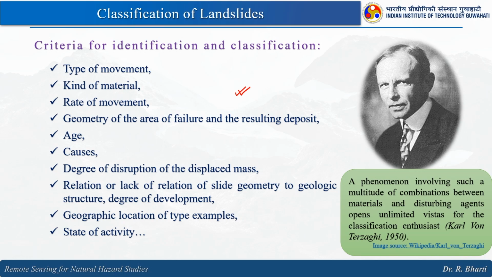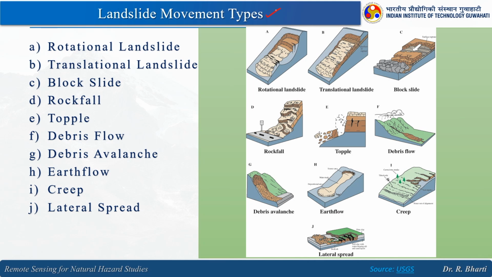So we have also seen different types of mass movement. Here, when we have different movement, we have different names for it, right? Starting with rotational landslide, then translational, then block slide, rock fall, topple, debris flow, debris avalanche, earth flow, creep, lateral spread, all are different types of landslide which you may find in the field, right?